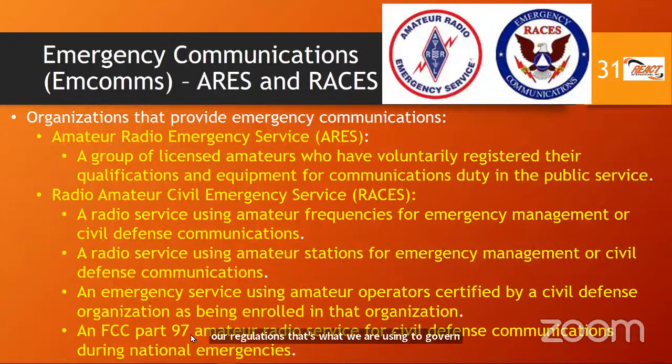So RACES is also an FCC Part 97 amateur radio service for civil defense communications during national emergencies. So that's another exam question. These 3 bullet points at the top here, one exam question, and this one is another one in relation to RACES. Learn this for the exam.